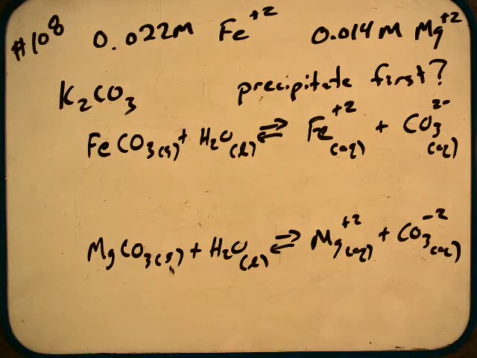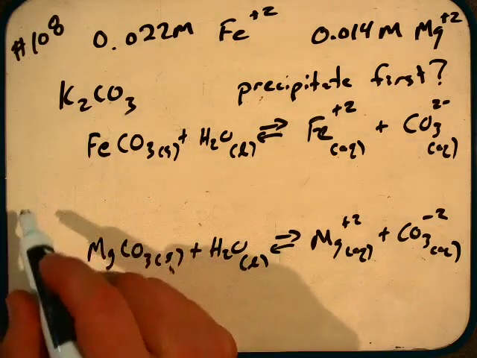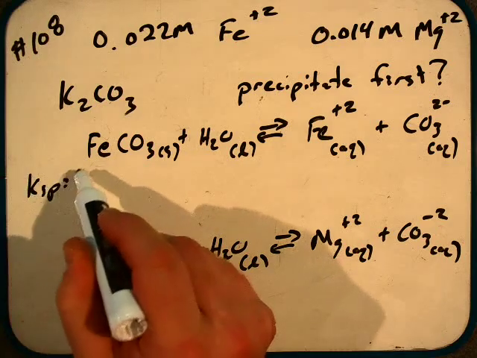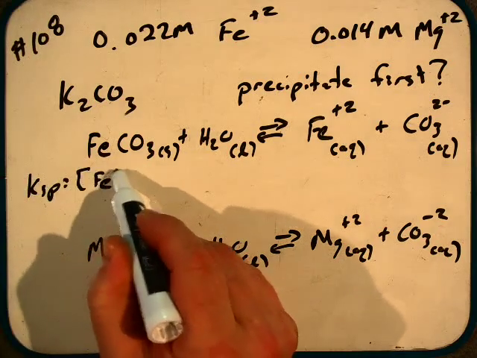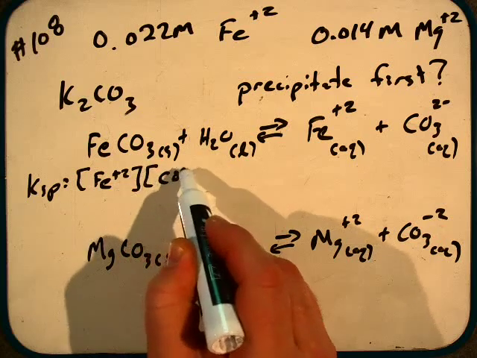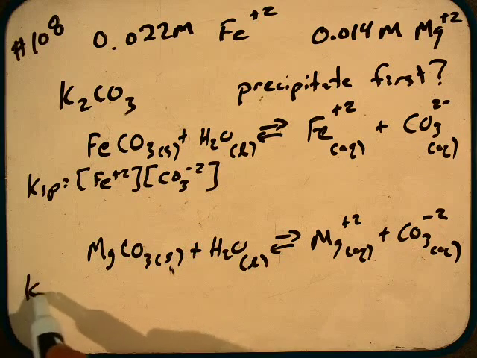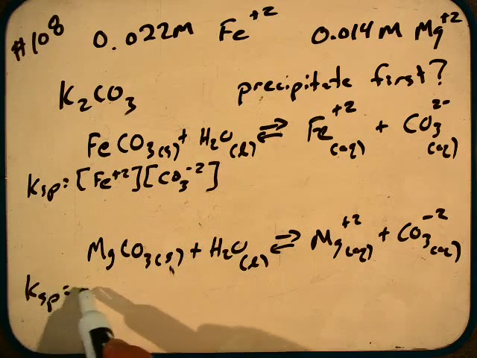So those are the two processes, and so we have to look up the KSP for these. Our KSP is going to be equal to our iron times our carbonate, and we have something similar for our magnesium.